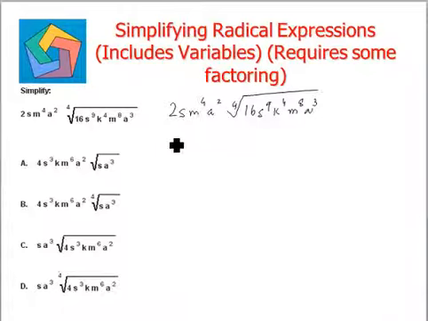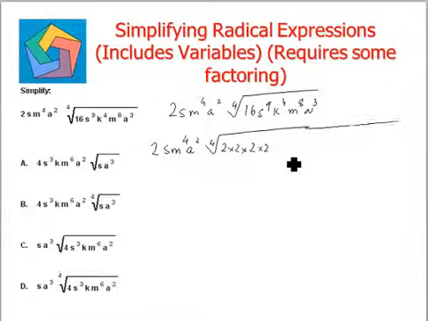Index 4. 16 can be written as 2 times 2 times 2 times 2. 4 twos make up a 16. Now s will come 9 times: 1, 2, 3, 4, 5, 6, 7, 8 and 9.